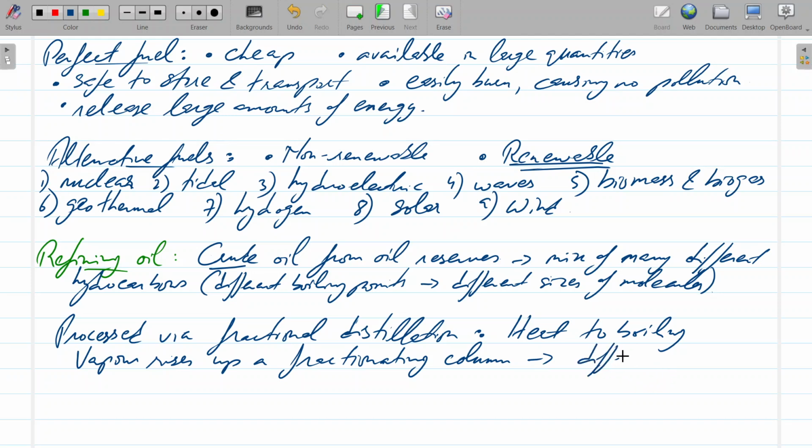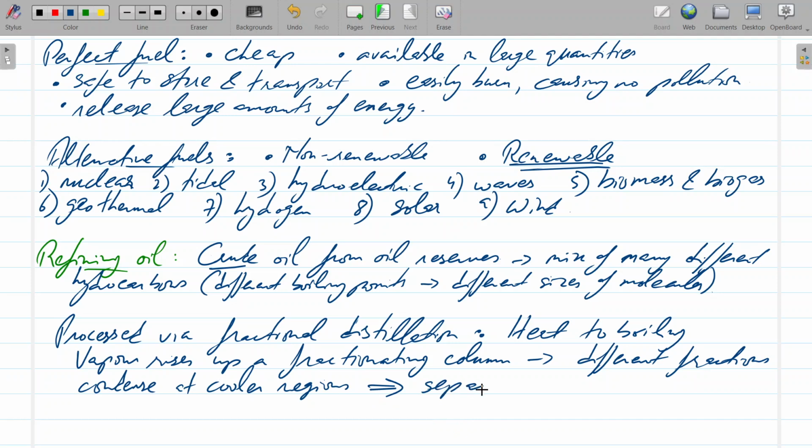So the different fractions condense, right, at the cooler region. So whichever part is cool enough for that vapor to turn back into liquid. And this way, what you get is that you separate the mixture.